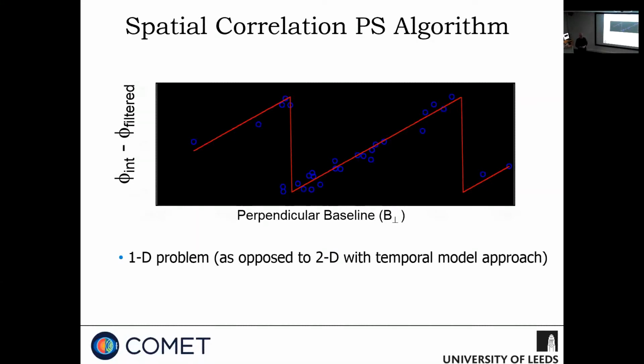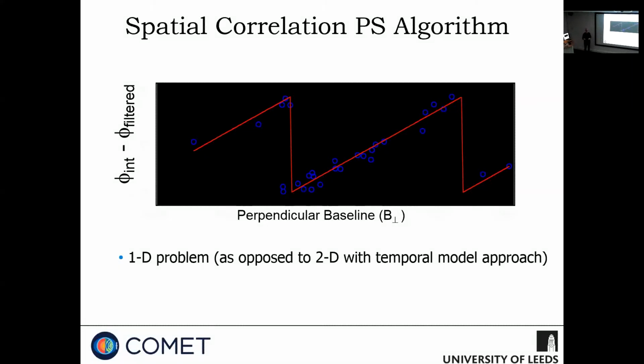Yes? So how do you subtract the deformation when isn't that what we're trying to calculate at the end? Yeah, okay, that's a good question. In this first part, the idea is just to characterize the noise to identify the good pixels.